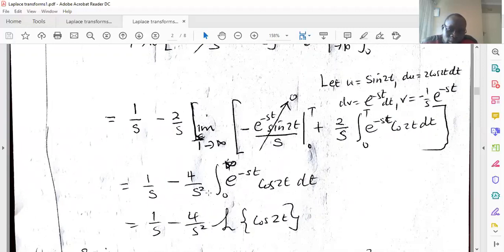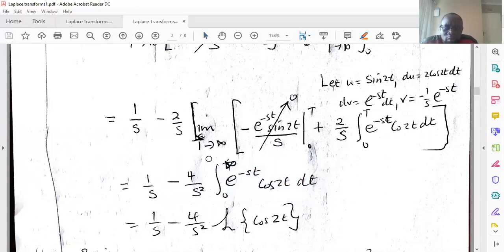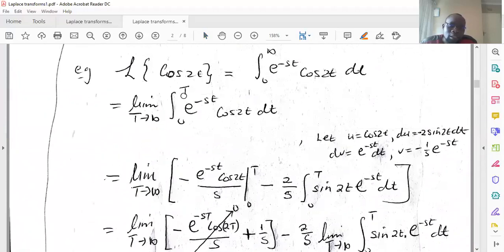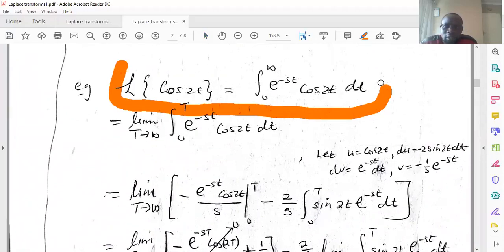And if we look at this particular integral here, you definitely see that it is the same as what we defined here at the beginning.